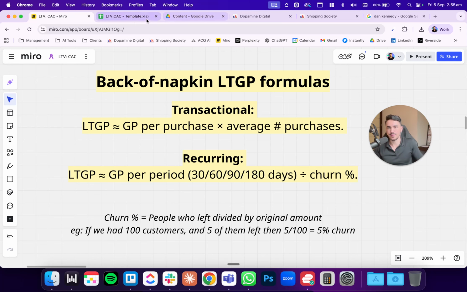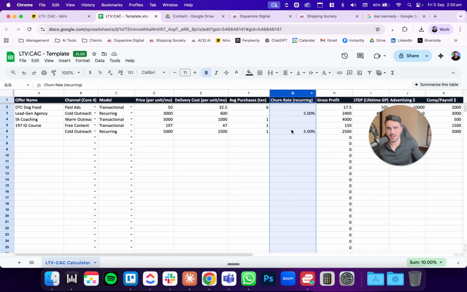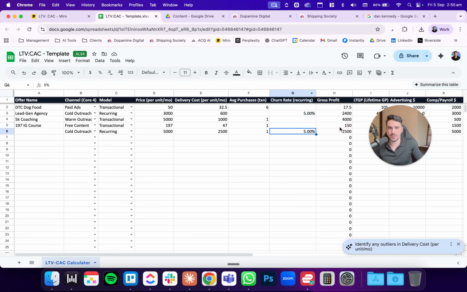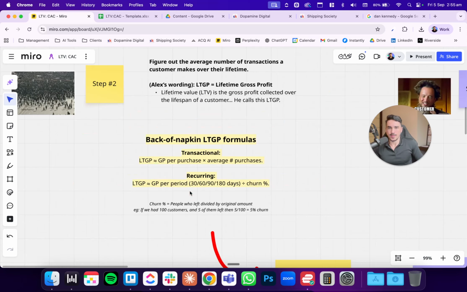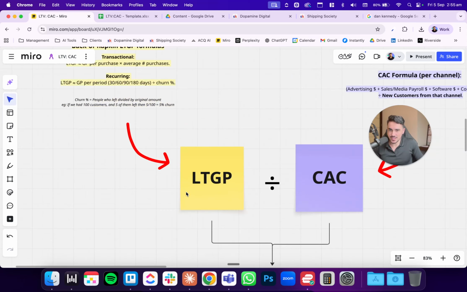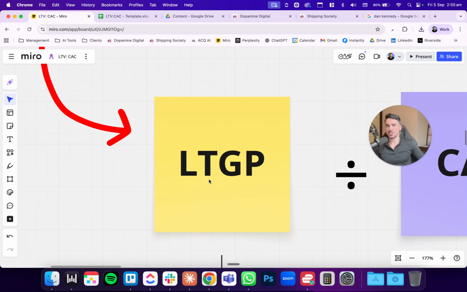Again, I've calculated it all here for you, so everything is automatic. So that is lifetime gross profit: essentially the profit you make over the lifetime of a customer, minus the cost to make the thing and deliver the thing.